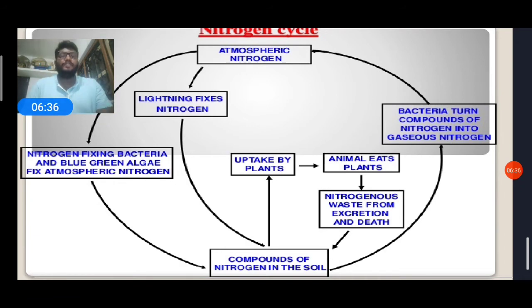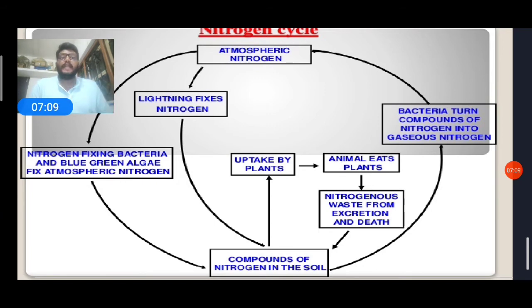Through both bacteria and lightning, simple compounds of nitrogen are present in the soil. That is utilized by the plants, which take the nitrogen available in the soil and synthesize food. That food is fed on by animals.